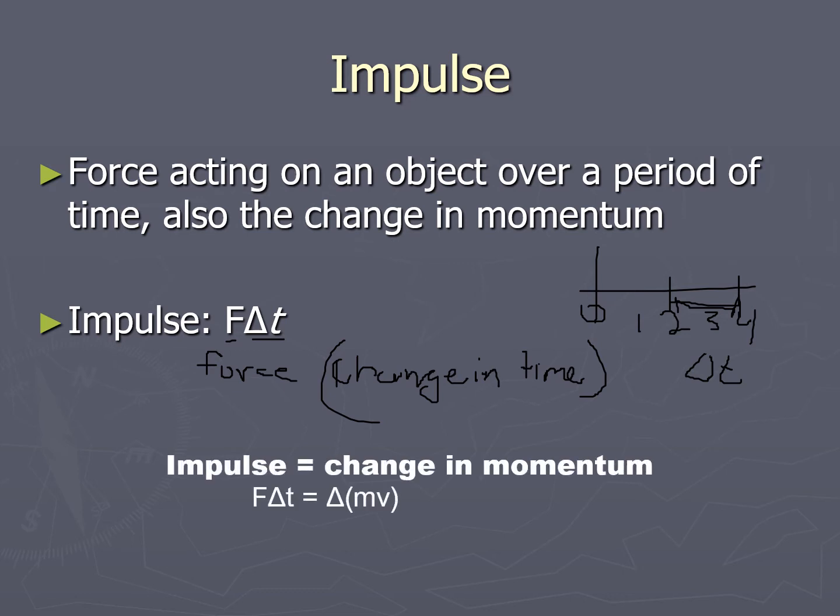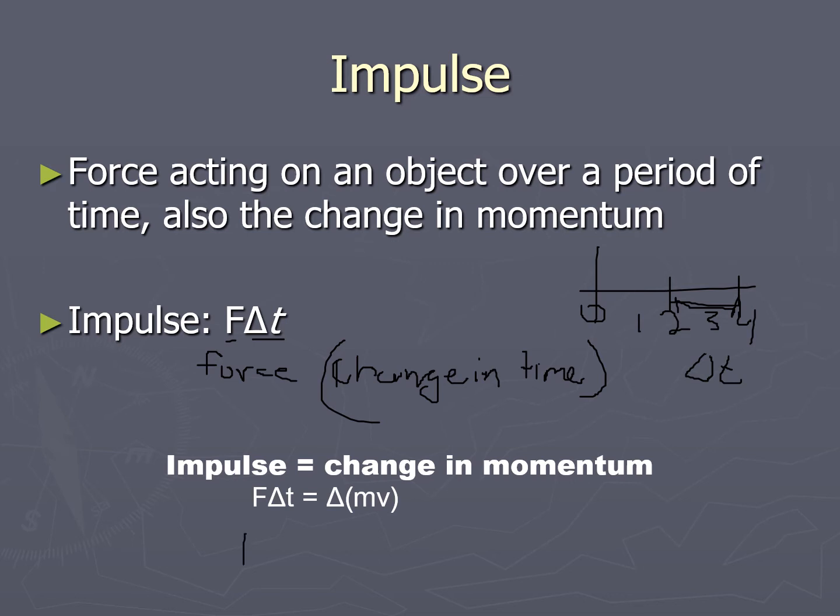So impulse is also known as the change in momentum. So this is kind of important. Impulse is the change in momentum. So force over a period of time equals, and the delta means change, and momentum is mv.